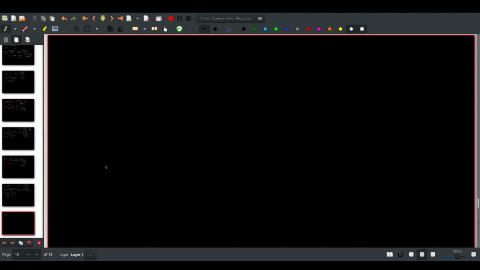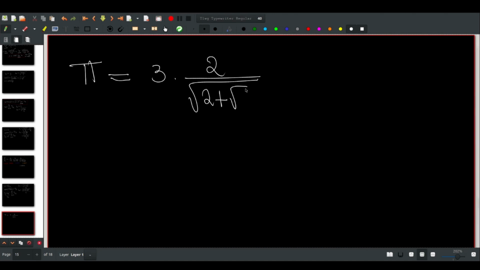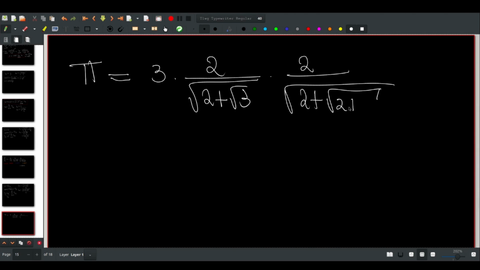And so we get our approximation for pi. That approximation is that pi is exactly equal to this infinite sequence, 2 plus root 3 times 2 over 2 plus root 2 plus root 3, and so on.